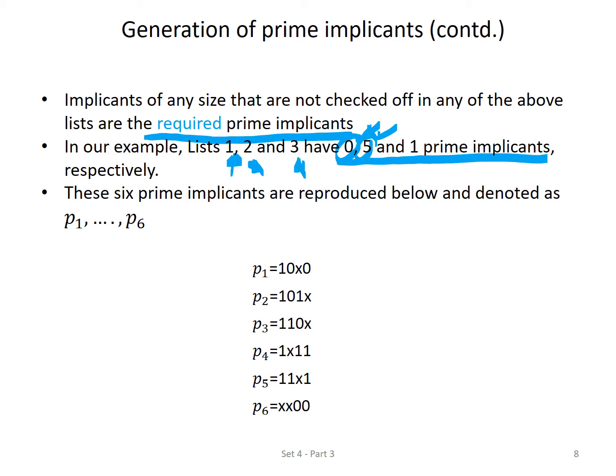And in list 3 there is only one implicant, and of course that cannot be combined with anything else, so that is one prime implicant. The 6 prime implicants are reproduced below and denoted as P1, P2 up to P sub 6.